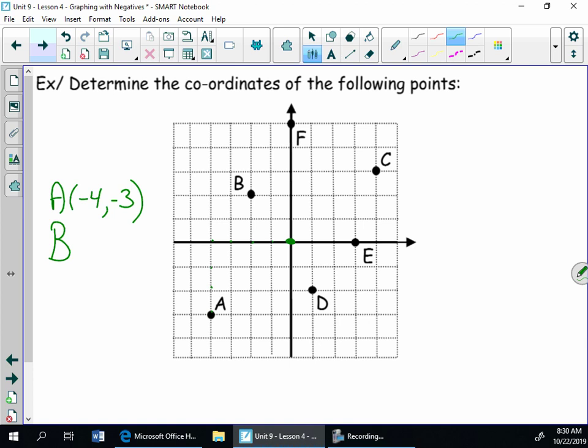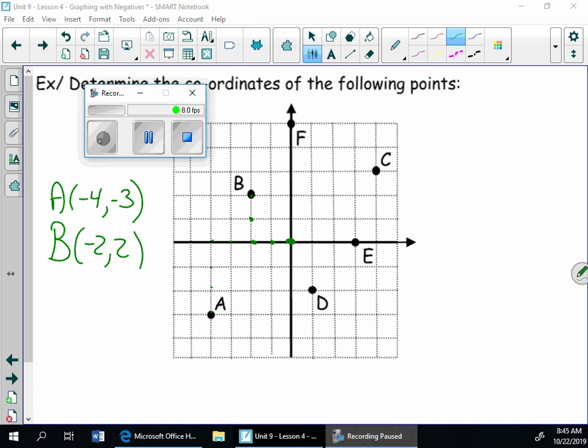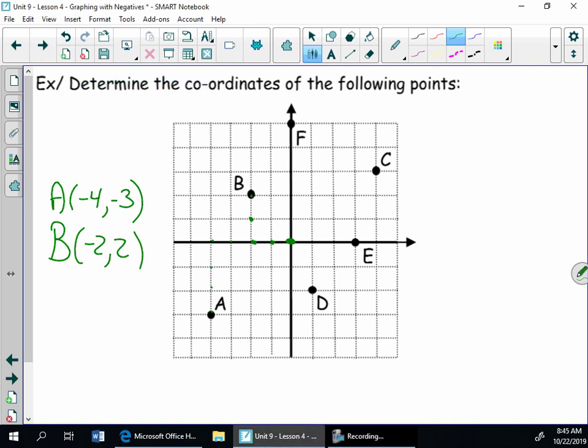Starting from 0, 0, left 2, up 2. So left 2, up 2. Okay, so for C, we're going to the right this time. 1, 2, 3, 4. 4 to the right, and then up 1, 2, 3. They're both positives. Okay, we'll try D. 1 to the right, and then down 1, 2.